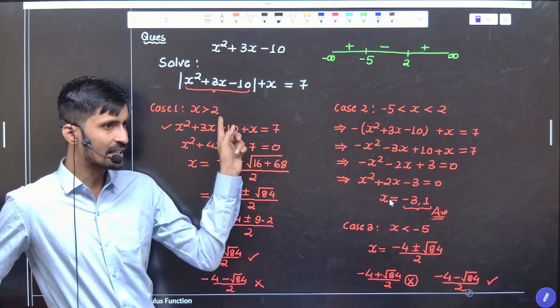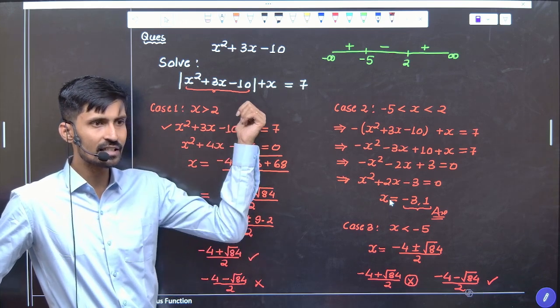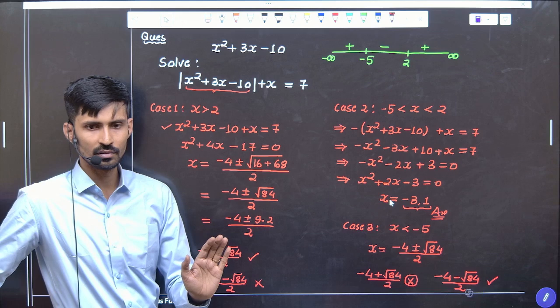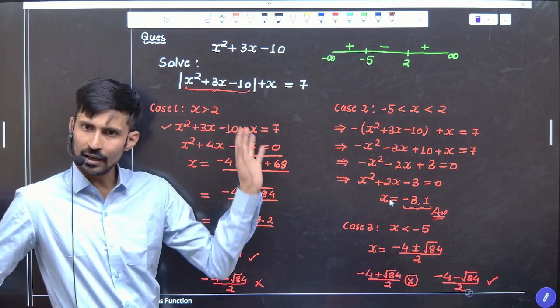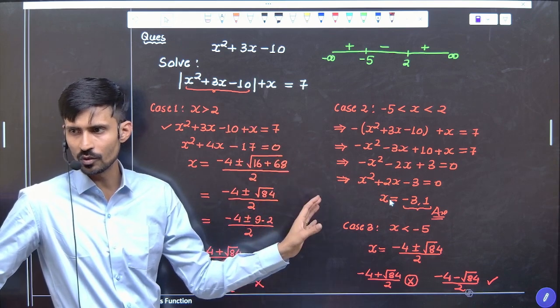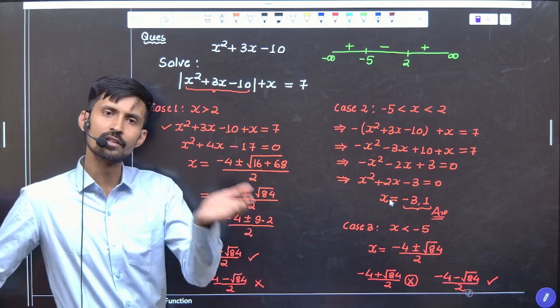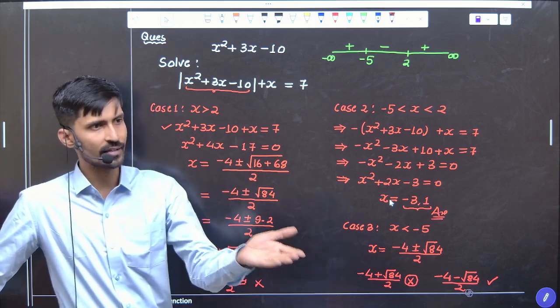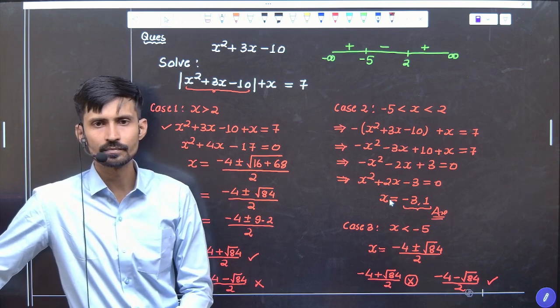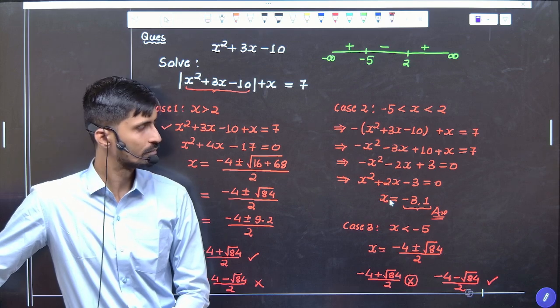Only writing the case and matching the answer with the case is new. That's all. Else, everything, all the rest of the steps that I have used in solving the question, you have already learned previously, either in 7th class or 10th class. Tell me yes or no? Yes, na?